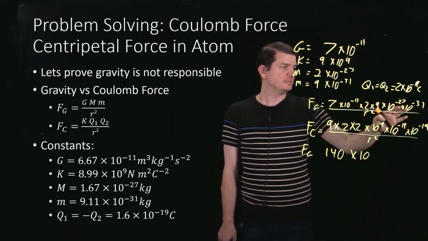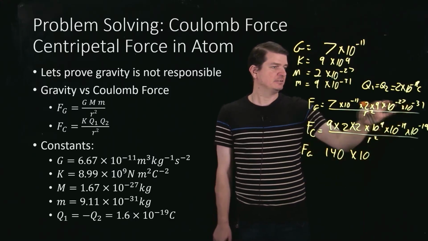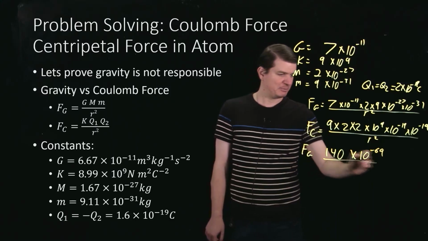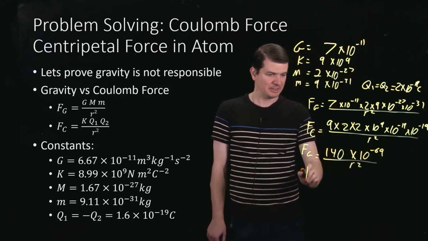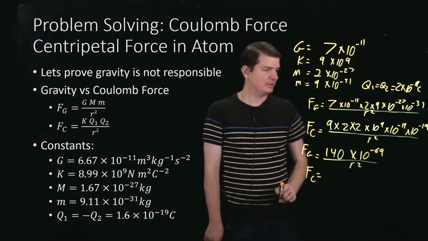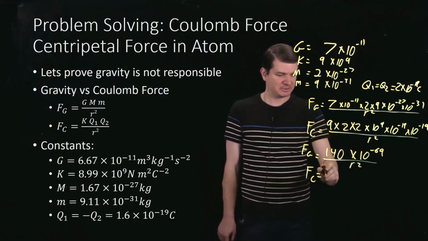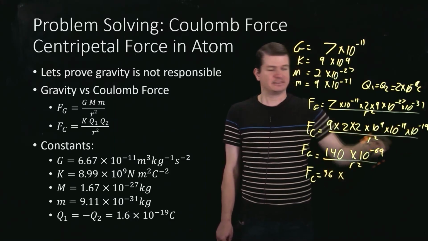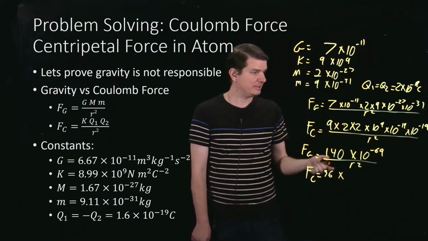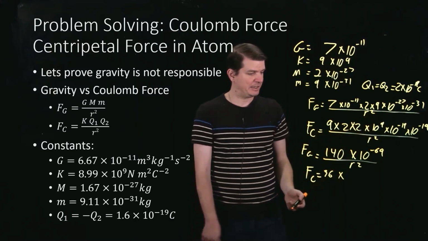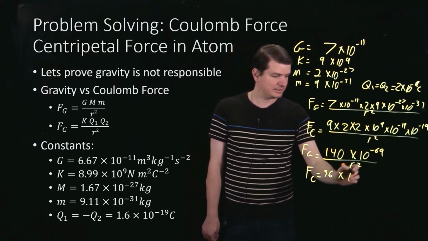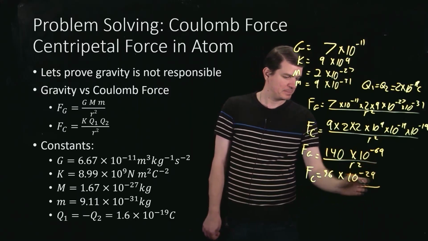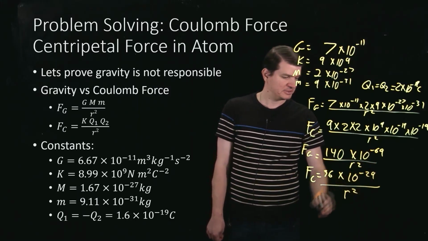If we add these, that's negative 58, negative 69, divided by r squared. Whereas for the Coulomb force, we've got 4 times 9, so 36, times two sets of negative 19 would be negative 38. But then we have to add 9 to that, so that's 10 to the negative 29, and all on r squared.